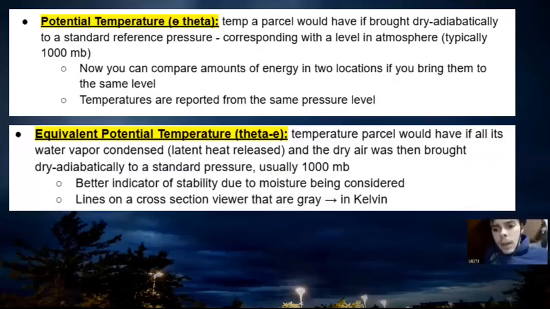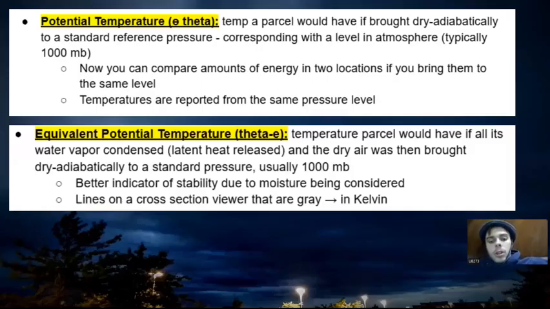So if you think about it, let's say you have one location that's 72 and one location that's 67. You might assume the warmer one is going to have more energy, but you need to think about the potential temperature for potential energy that we might have.